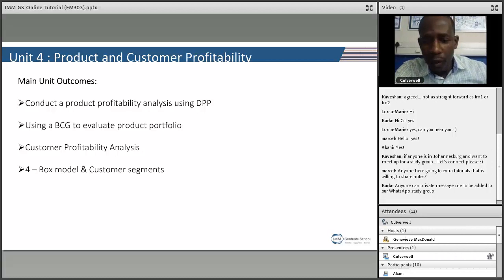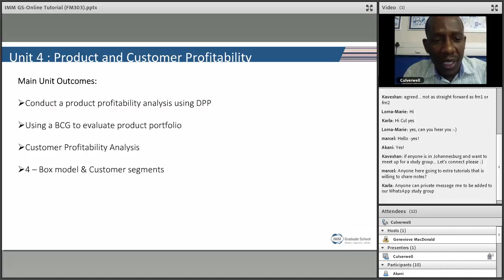And then build, it goes without saying, means one needs to add financial resources to promote or invest in such a product. So I've mentioned build, harvest, and divest as well. Those could be typical strategies that one would employ when interpreting the BCG.